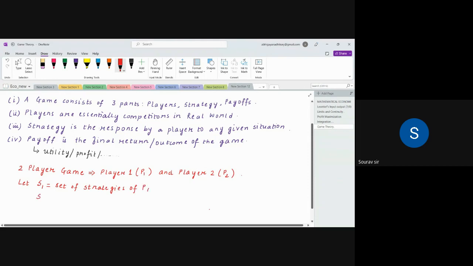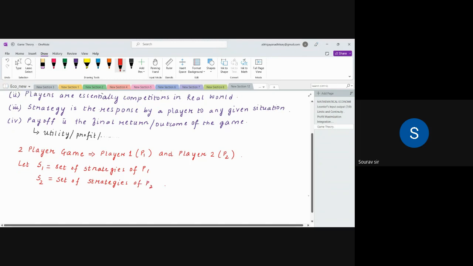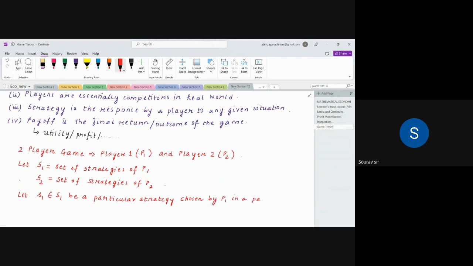And S2 denote the set of strategies of player 2. And let small s1 belonging to capital S1 be a particular strategy chosen by player 1 in a particular situation.